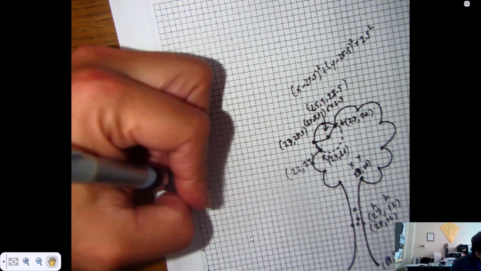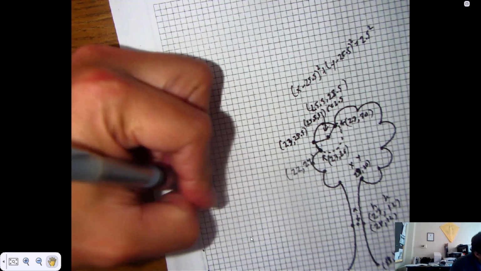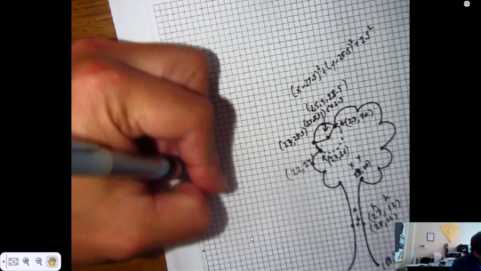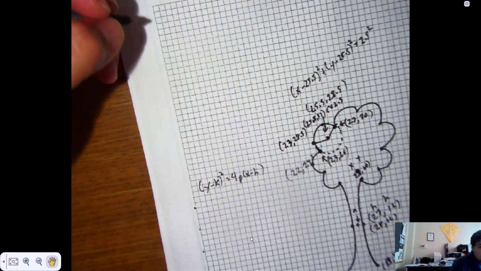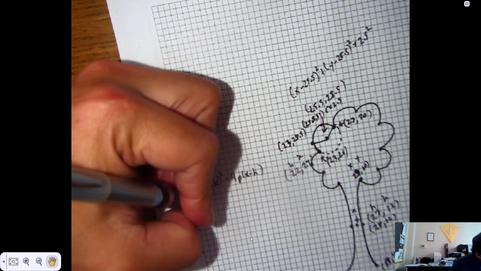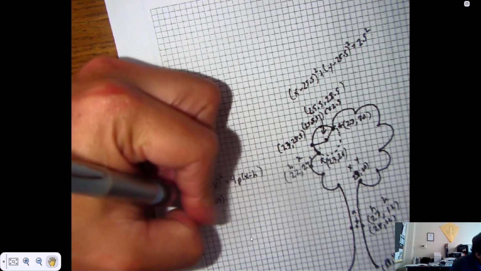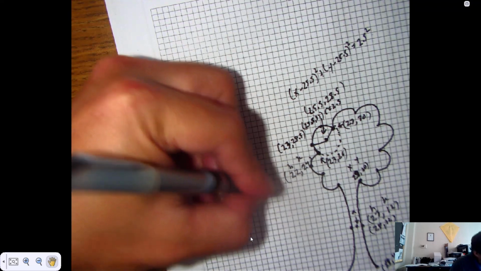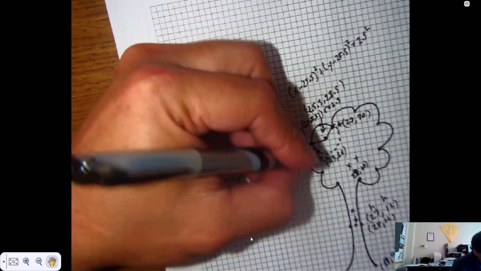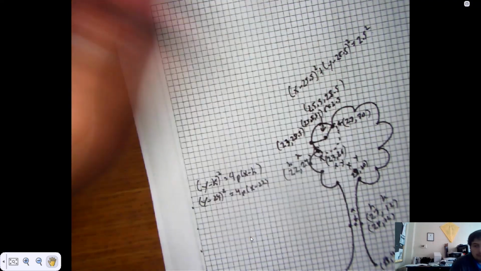Sideways parabolas, they square y. Y minus k squared is 4p, x minus h. And the vertex gives me h and k. So y minus 24 all squared must be 4p, x minus 22. Now, this point right here gave me an x and a y, so I'm going to plug it in.